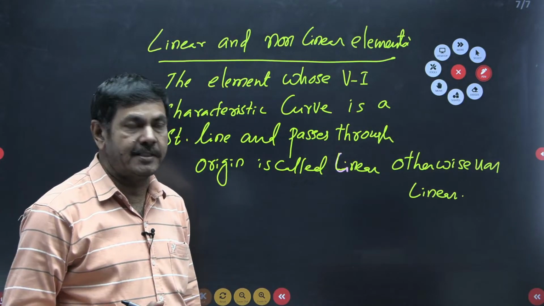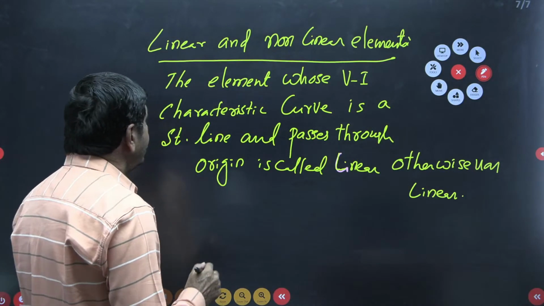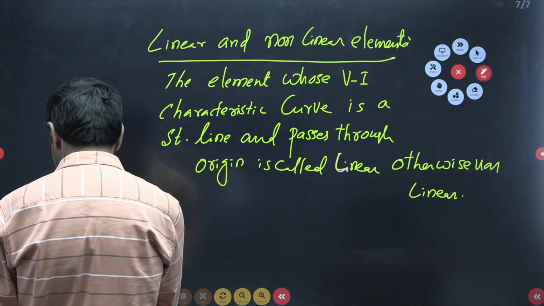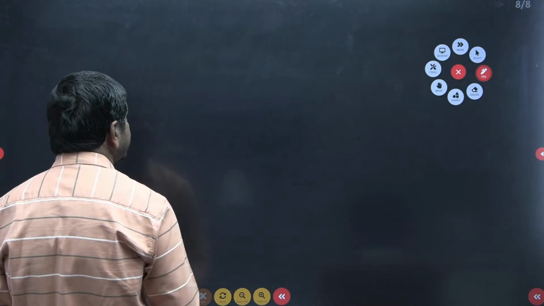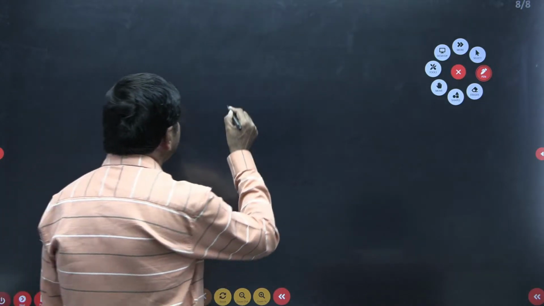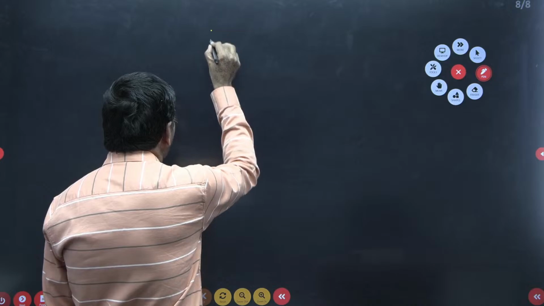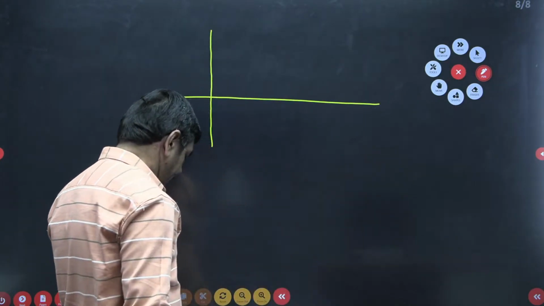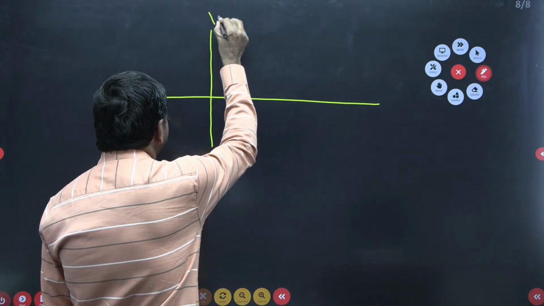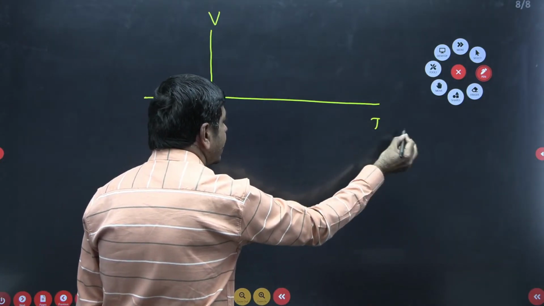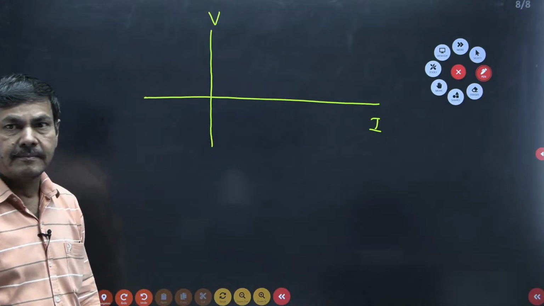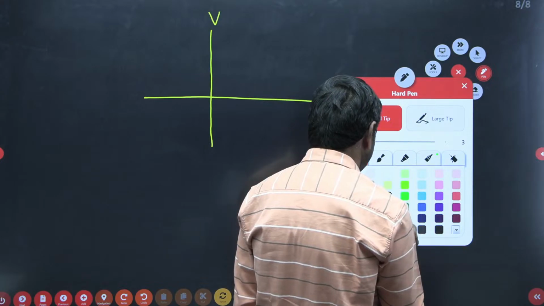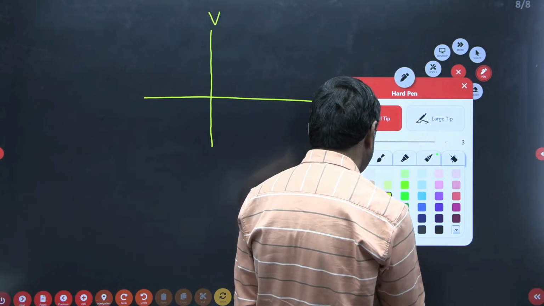What is the meaning of this? Suppose I want to draw the VI characteristic curve of a linear element, plotting voltage versus current. I got the shape of the curve in this way.